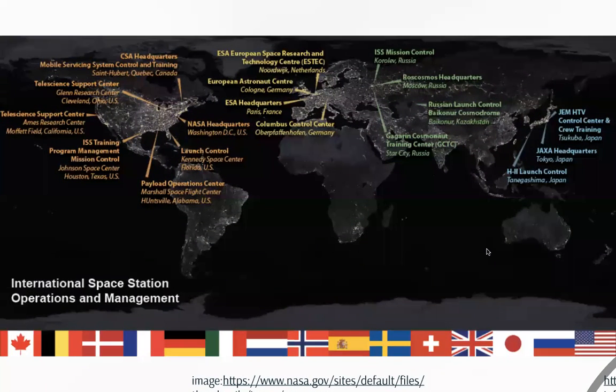Now, there are a couple of really good examples of where international cooperation can work really well. The International Space Station, which I think was launched in 2000, had cooperation from the US, Europe, and Russia. Japan was a massive contributor as well.